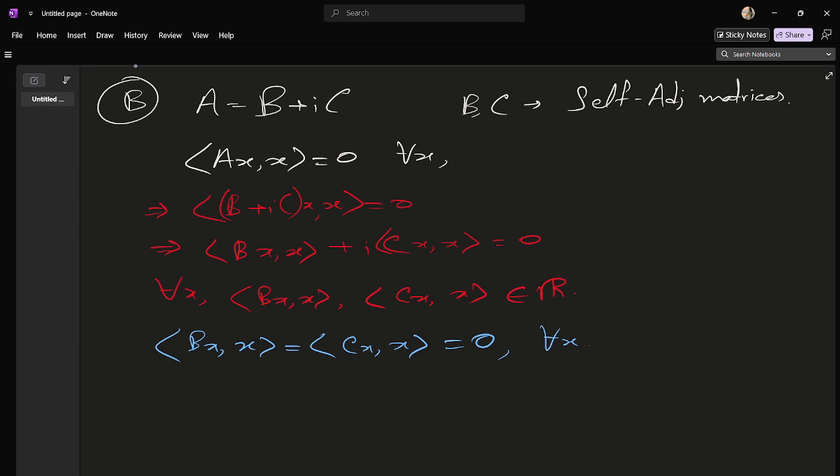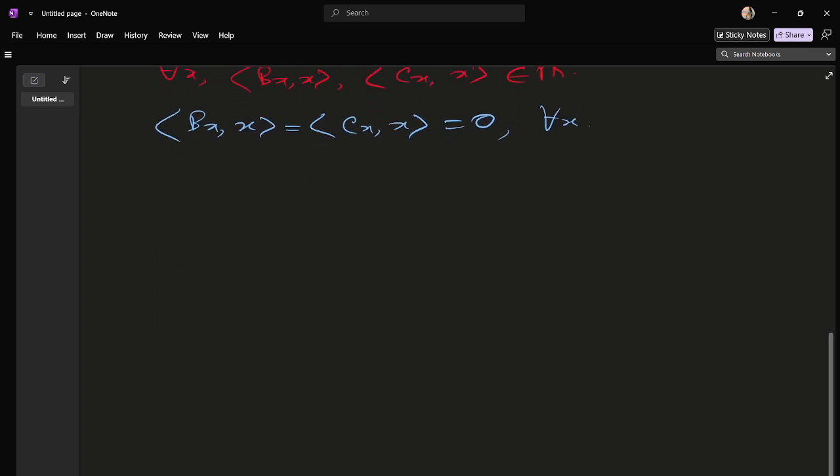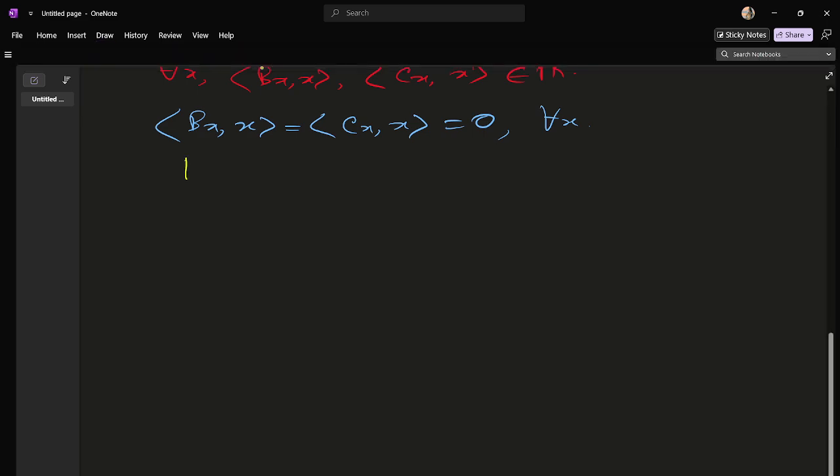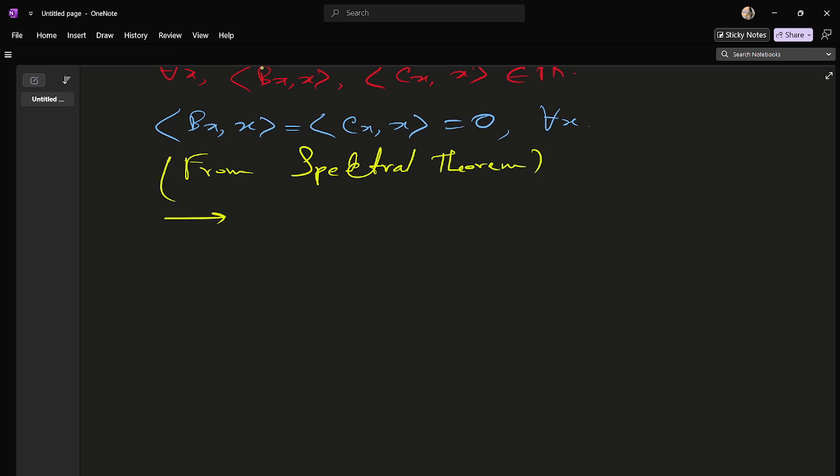This is from the spectral theorem, I am writing it for your knowledge, that B is diagonalizable as B is normal.